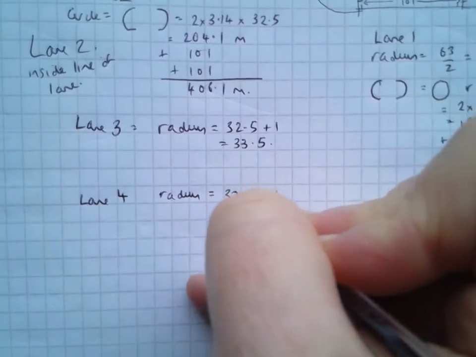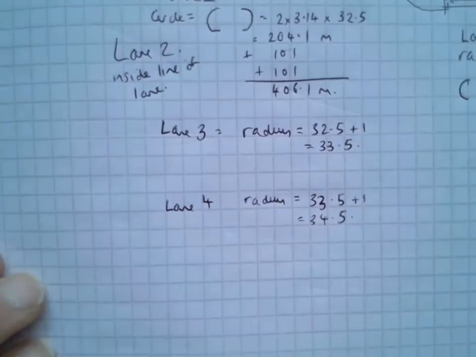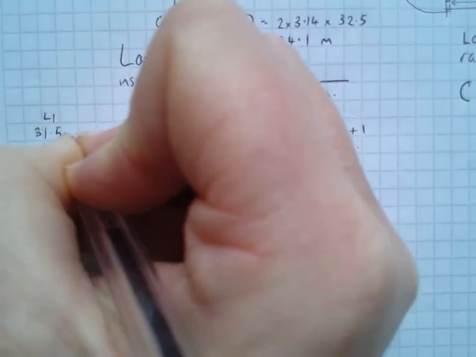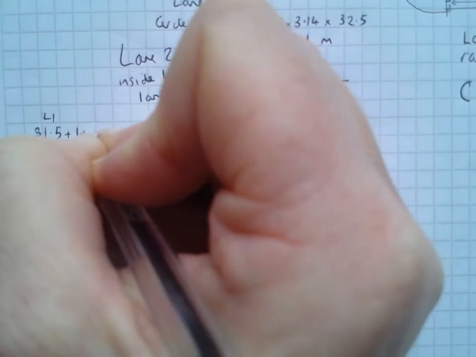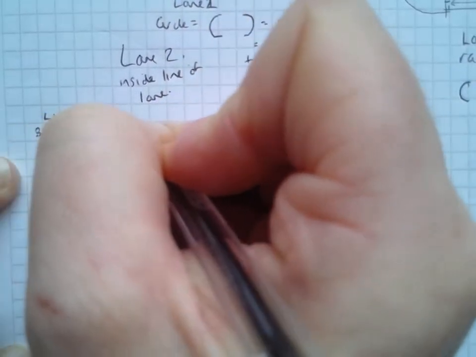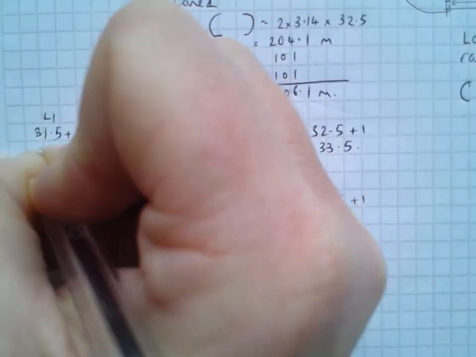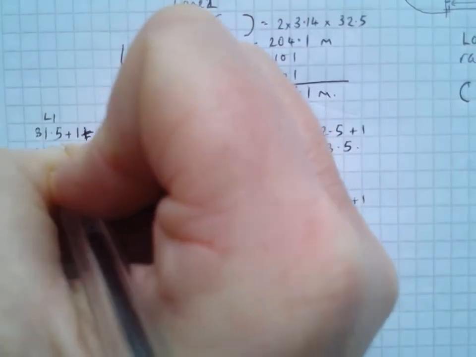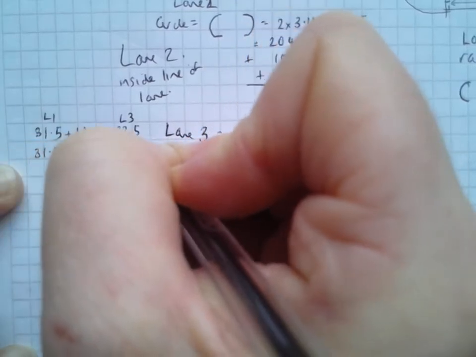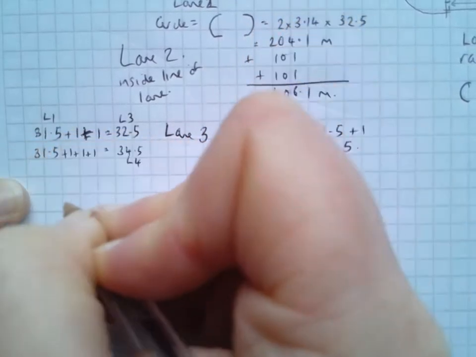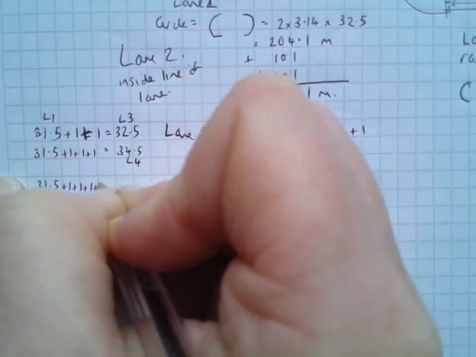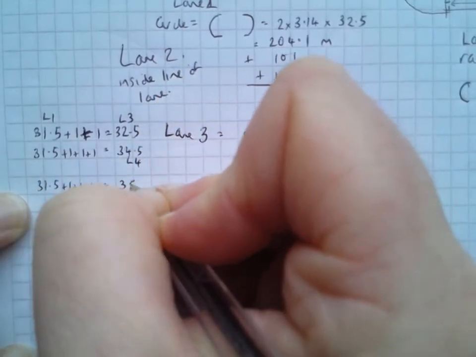So let's just work out these radiuses again. The inside lane 1 is 31.5, plus 1 is 32.5 for lane 2. 31.5 plus 1 plus 1 plus 1 is 34.5 for lane 4. 31.5 plus 1 plus 1 plus 1 plus 1, which is 35.5 for lane 5.